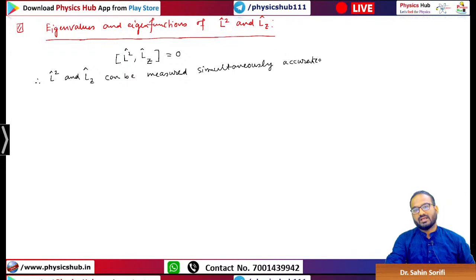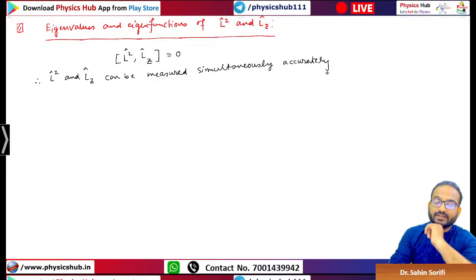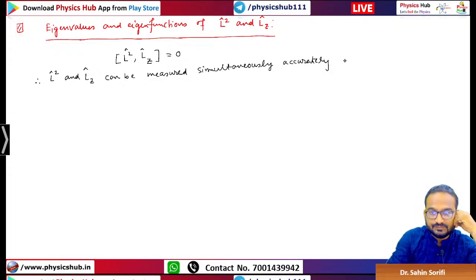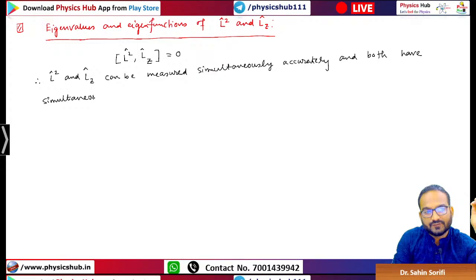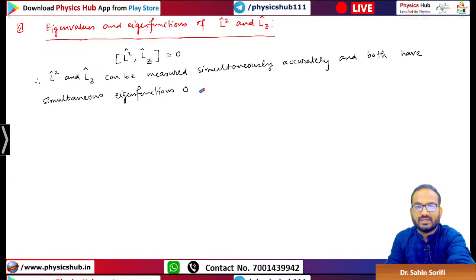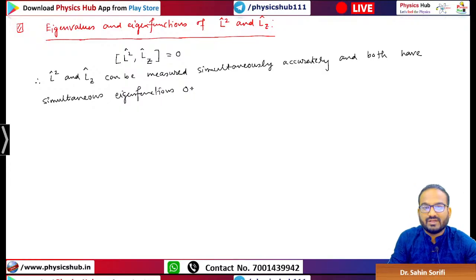Now, when they can be measured simultaneously accurately, they will have shared eigenfunctions. Okay, both have simultaneous eigenfunctions, or eigenkets. It means whatever the eigenfunctions of L square are, Lz will have the same set of eigenfunctions.